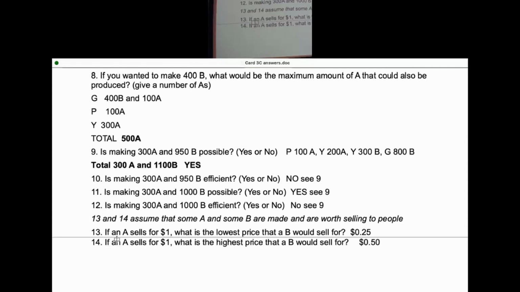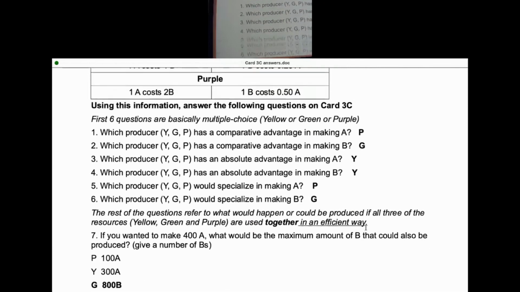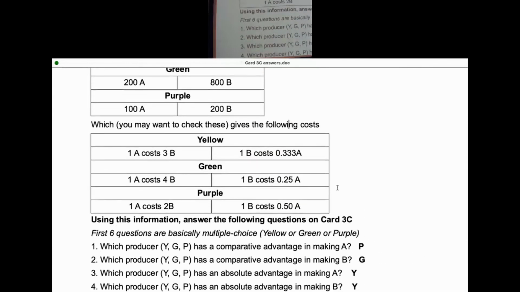Now, 13 and 14, even though they're mathematical, are actually much easier than they might appear. If A sells for $1, what's the lowest price that a B would sell for? Here's how you do that. Take the cost of a B, and remember, every time you see an A, it's actually $1, because A sells for $1. So if one B costs 0.25 of A in green, that's 25 cents.